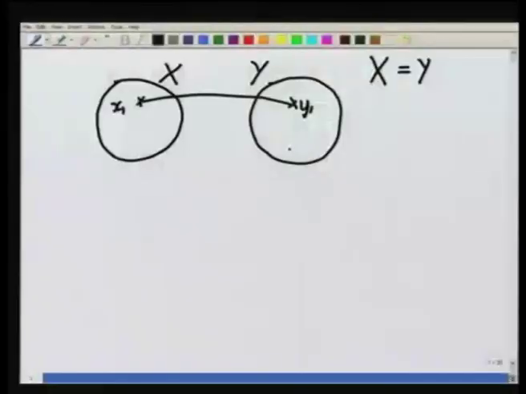Thus, when a system is surjective, you can choose arbitrarily any member in the set Y, such as say this one, and expect that there is some member here whose image is this y. So, this may be say x2 and this may be y2. When a system is not surjective, something else happens.